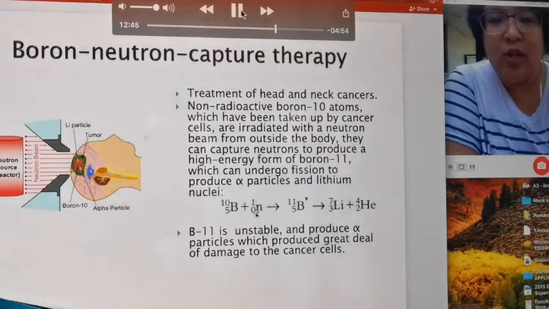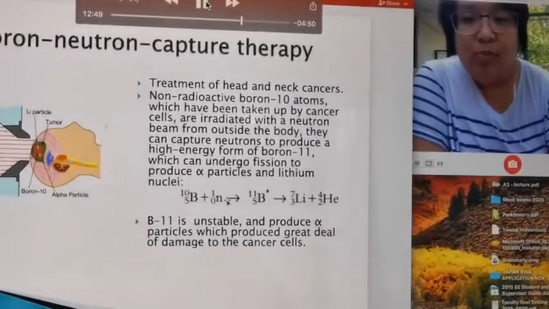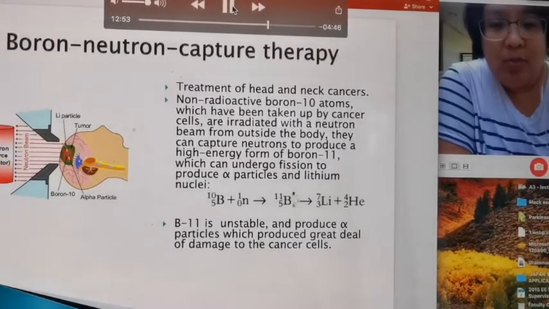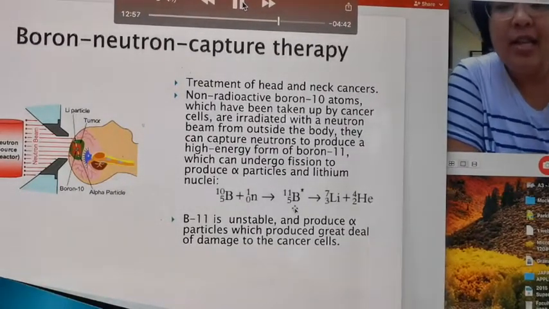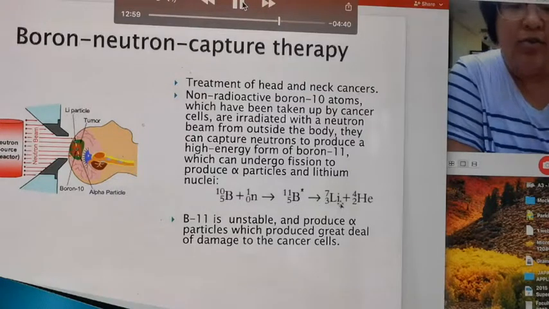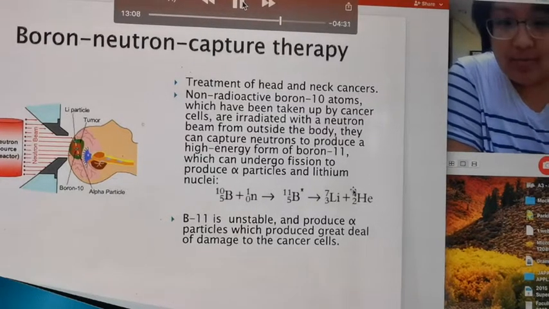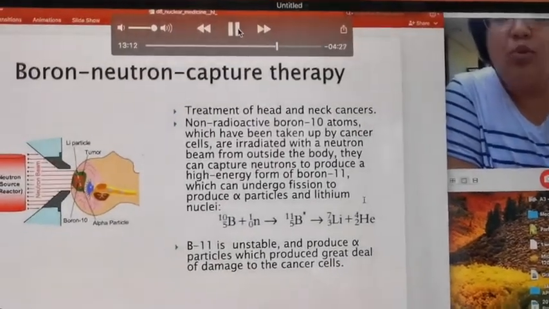As you can see here in the equation, the boron 10, when exposed to neutron, becomes this unstable isotope, boron 11, which can readily disintegrate and emit alpha radiation. Bombarded with a neutron, it becomes this unstable isotope that can emit an alpha particle. This alpha particle is strong enough to kill cancer cells.